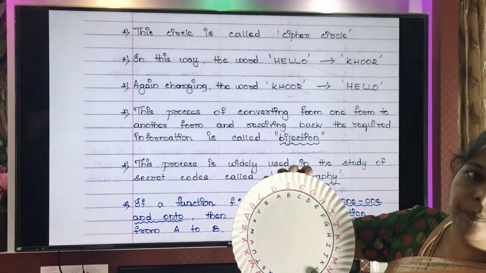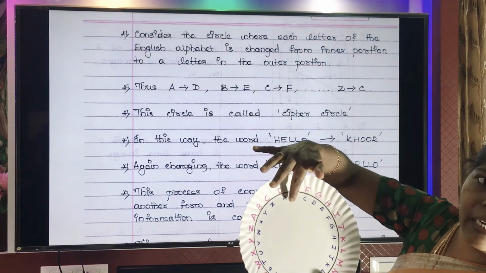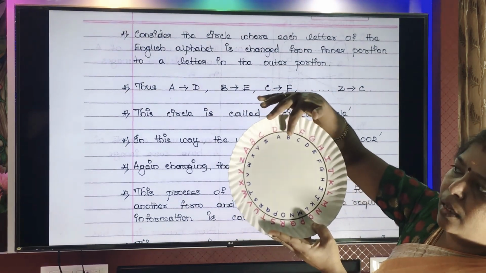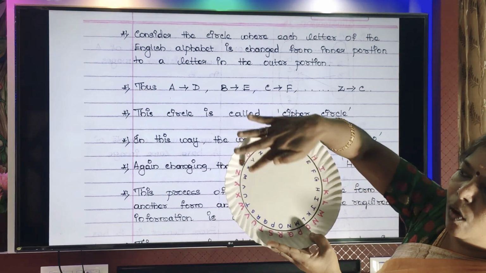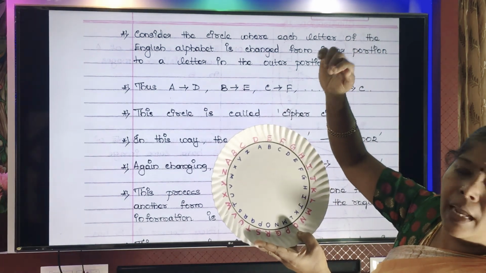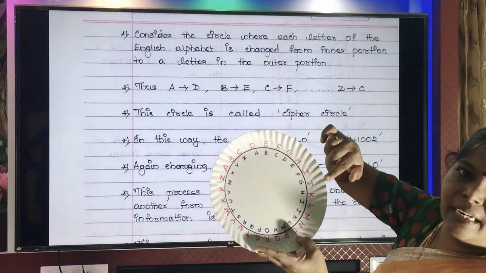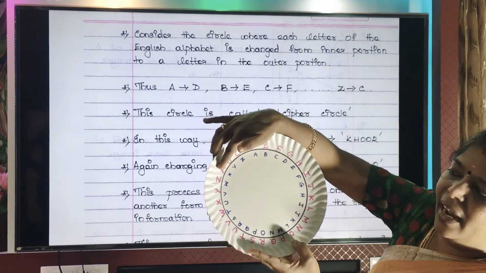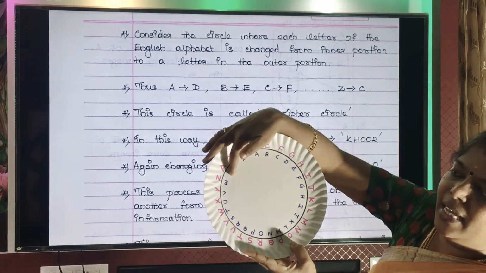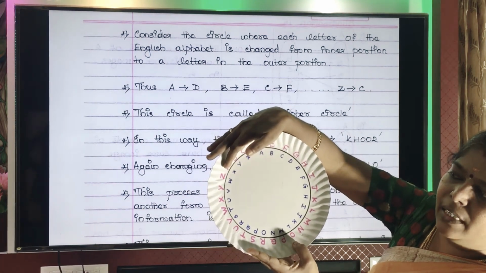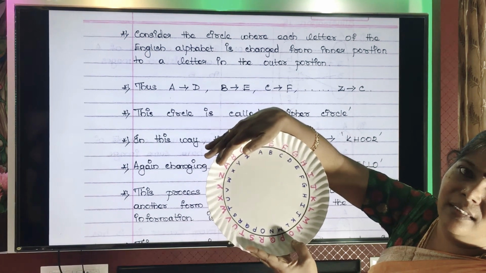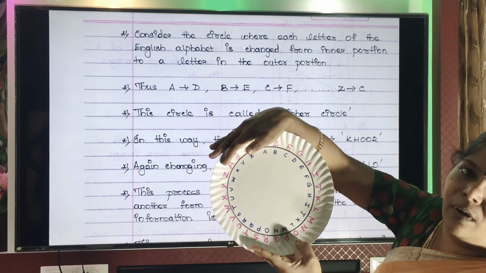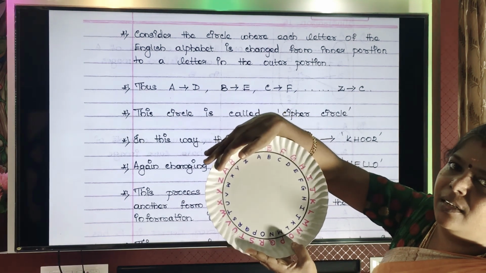Starting from A, B, C, D, etc., in order I have written till Z. Outside also I have written, but where there is X inside, I have started A outside. This I am calling the cipher circle.